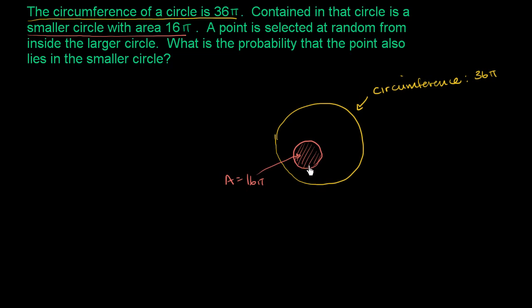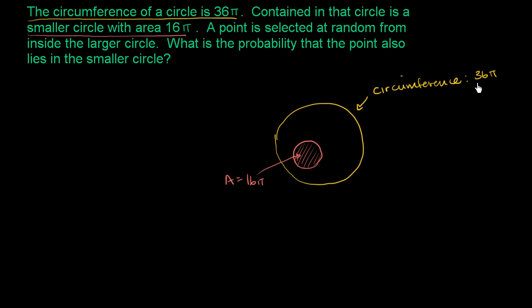Or another way to think about it is, if we were to pick a point from this larger circle, the probability that it's also in the smaller circle is really just going to be the percentage of the larger circle that is the smaller circle. I know that might sound confusing, but we really just have to figure out the areas for both of them, and it's really just going to be the ratios. So let's think about that.